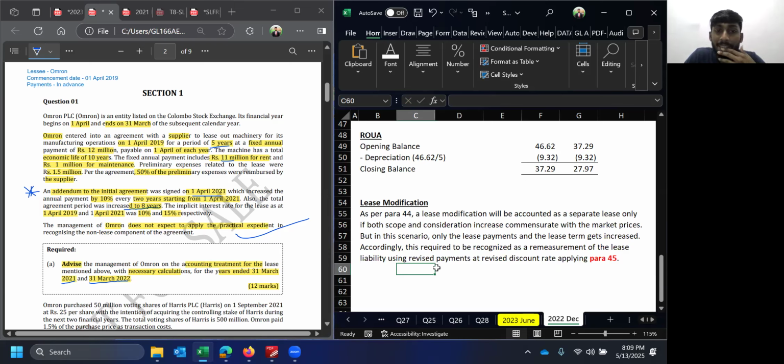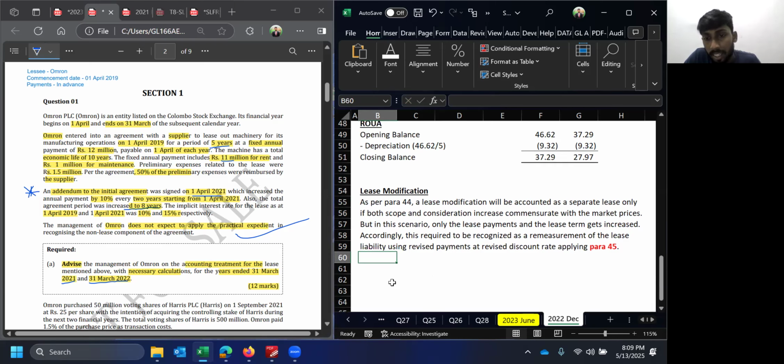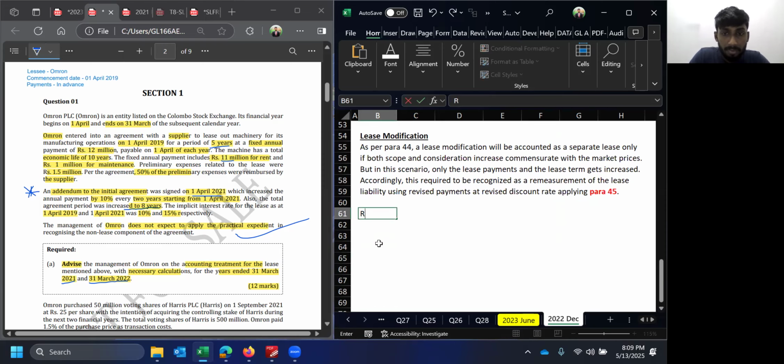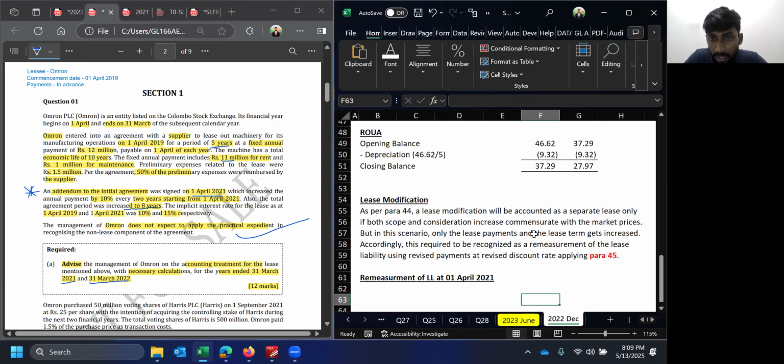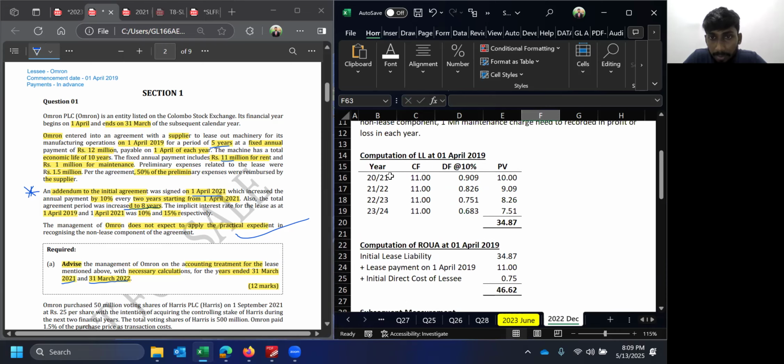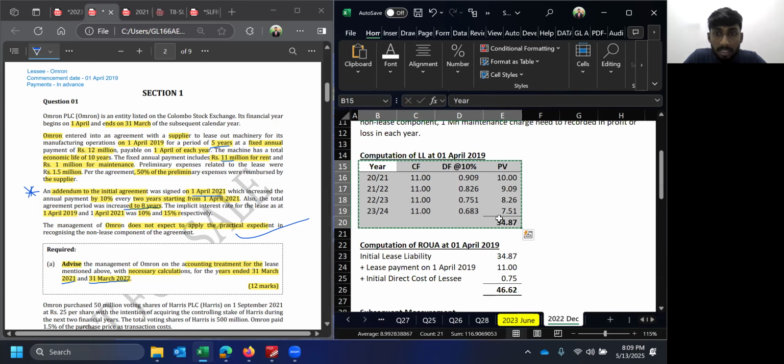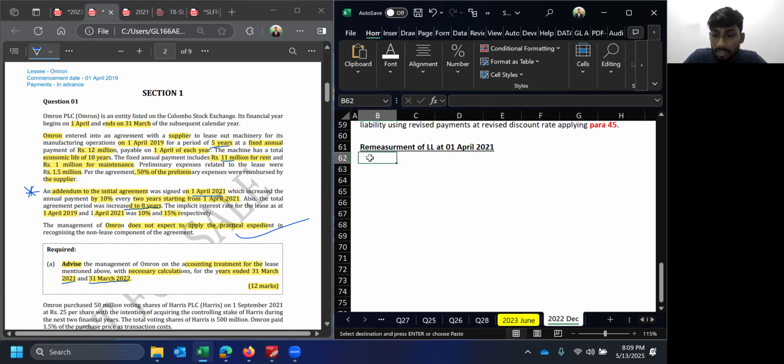Okay, now what can we do? Let's remeasure the lease liability. Remeasurement of lease liability at 1st April 2021. So I need the table again like previous. Let me take it.